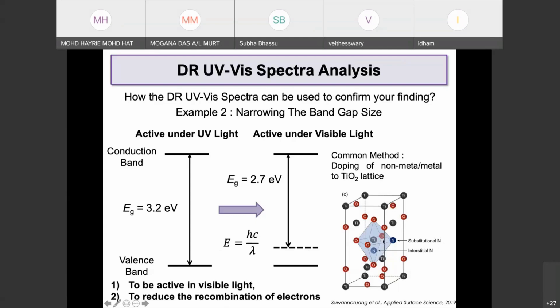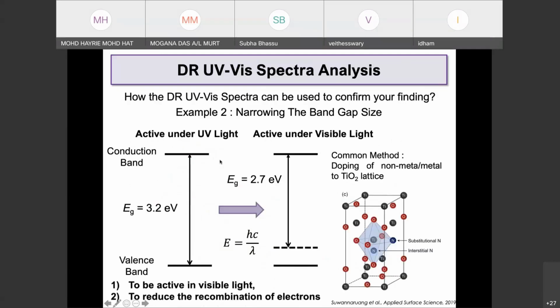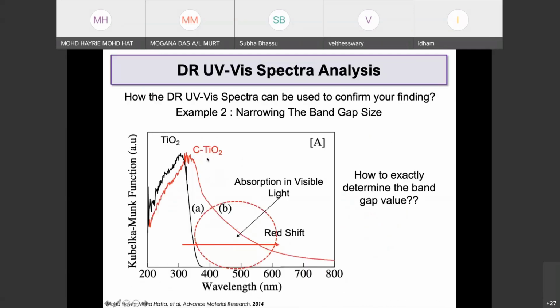So the question is how to confirm, or how to know, that the newly doped titanium dioxide has a new or reduced band gap energy. This black spectrum is the titanium dioxide, and the red one is the carbon-modified titanium dioxide.